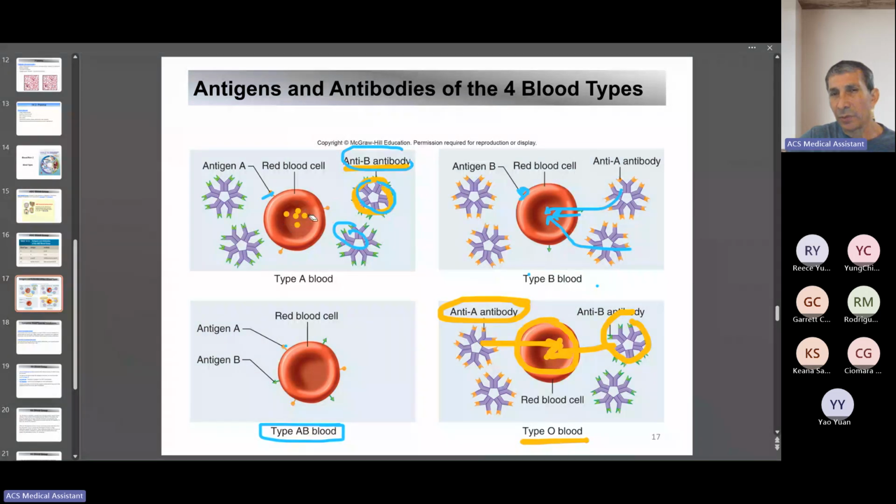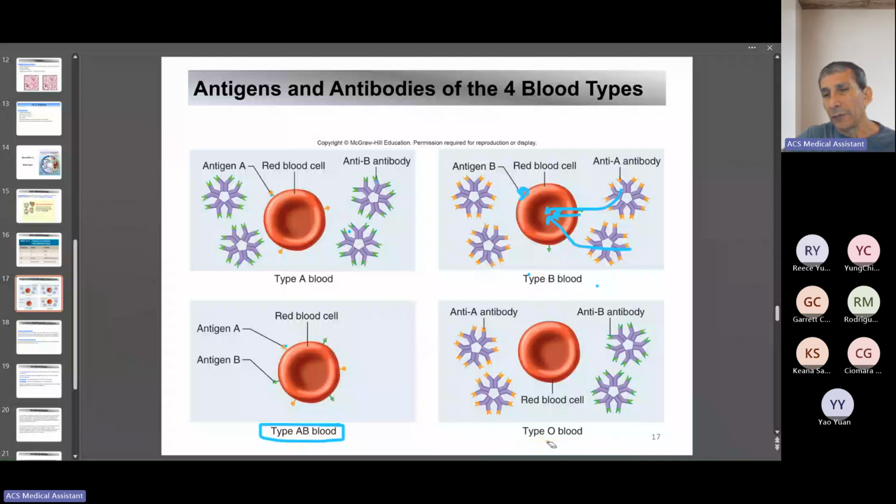And the opposite to A is B. So it has inside B. And so on and so forth. So if I have A and B, I don't have anything inside because each one of these is going to kill the one that I have inside. If I have something inside, I'm not going to have anything outside. So once again, that's how it works.